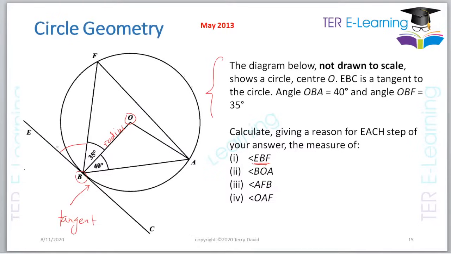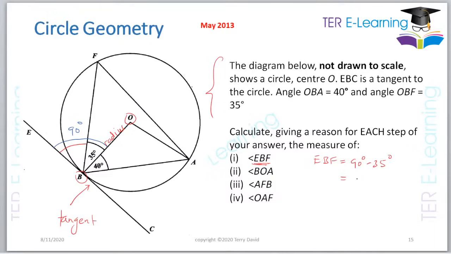So therefore, this whole angle here is 90 degrees. Right? That whole angle is 90 degrees. So therefore, EBF is simply equal to 90 degrees minus 35 degrees, right? And that'll give you 90 minus 35.